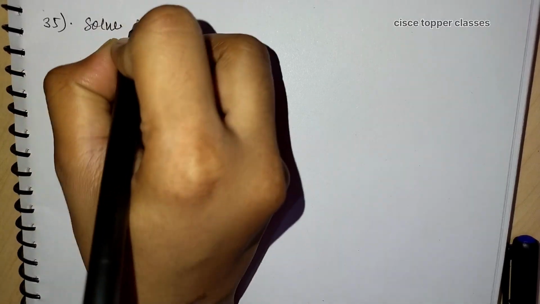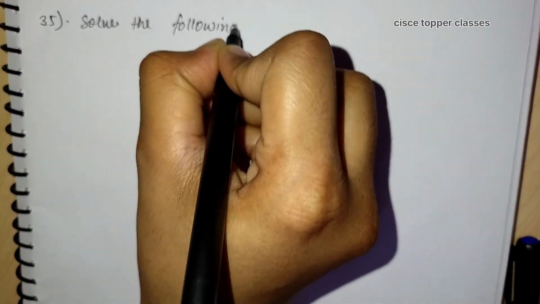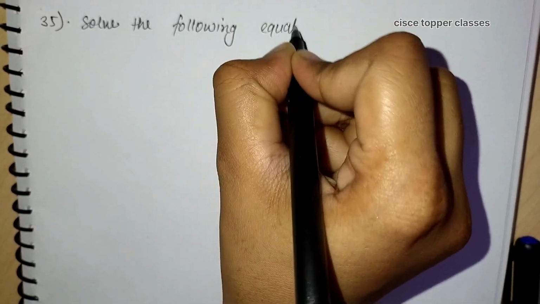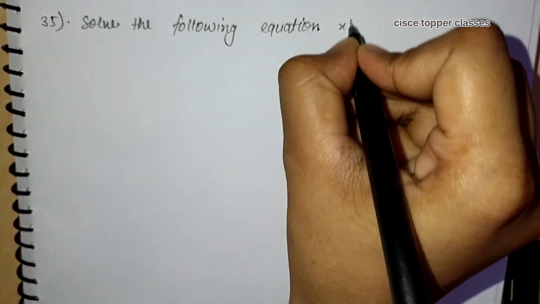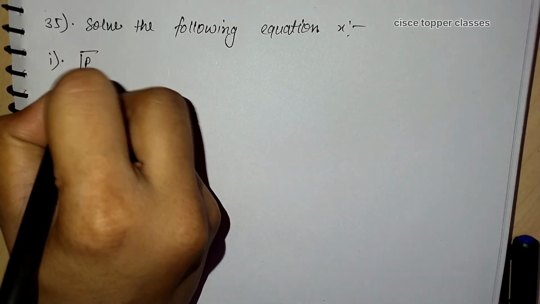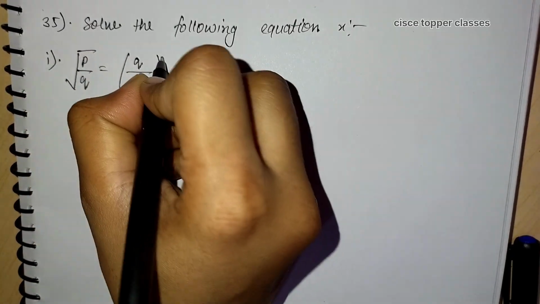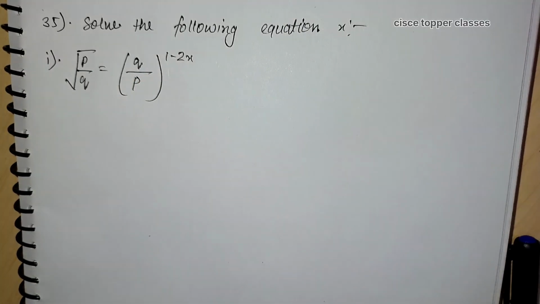Here we are going to solve question number 35. Solve the following equation for x. We can write the first part, under root p by q, equal to q by p to the power 1 minus 2x.